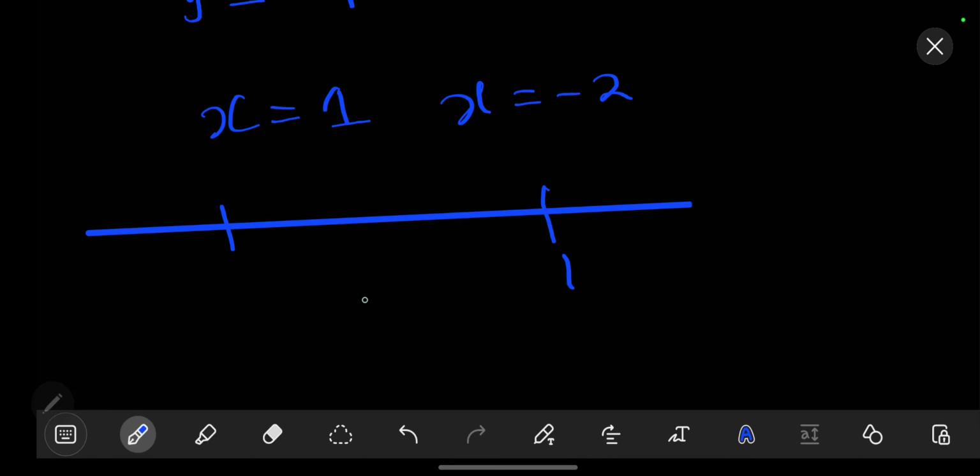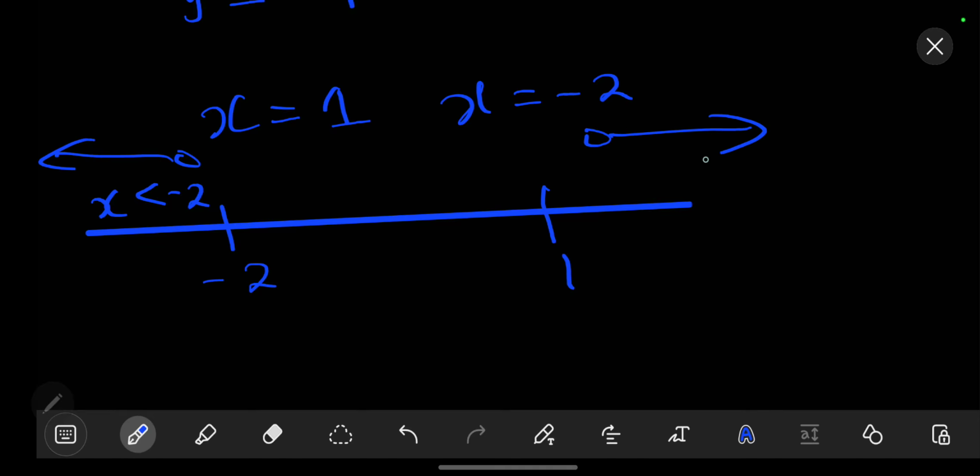We have a positive 1 and a negative 2. All the values on this side, we could have negative 3, negative 4, negative 5, are all less than negative 2. Now all the values on the right of 1, we could have 2, 3, 4, are all greater than 1.